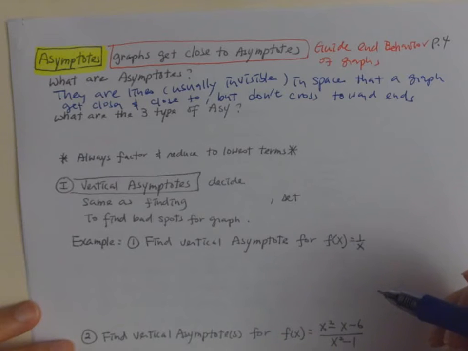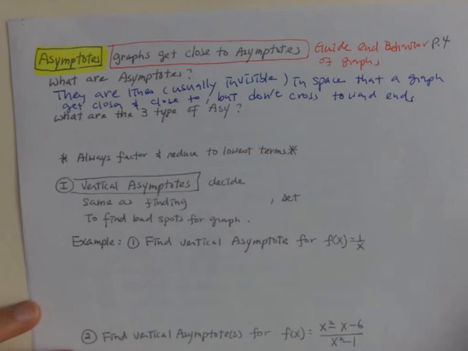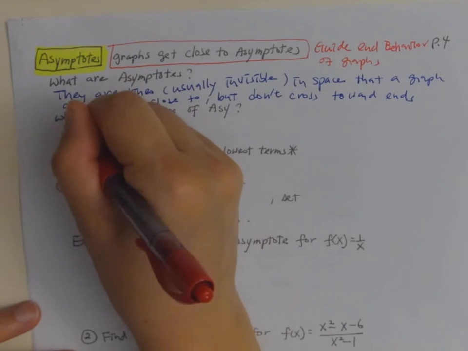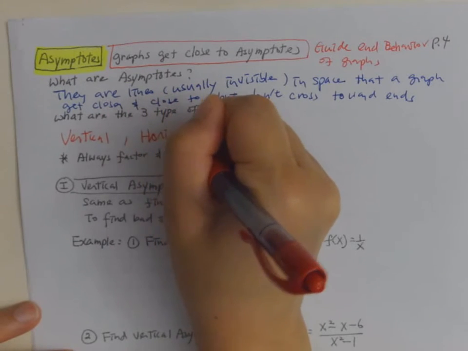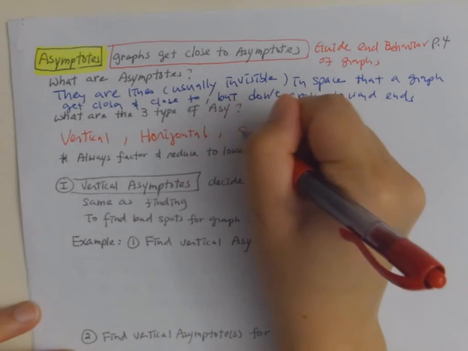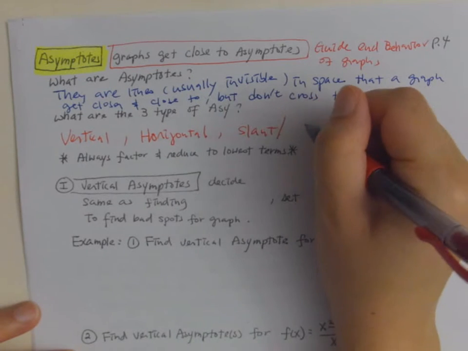Okay, so there are several types of asymptotes, including vertical, horizontal, and slant or oblique asymptotes.